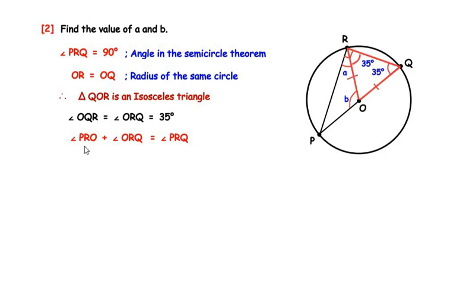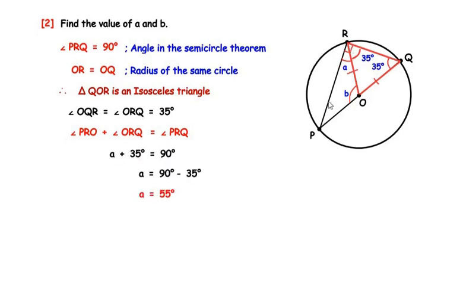So angle PRO plus angle ORQ is equal to angle PRQ. But angle PRO is A. So here we get A plus angle ORQ, which is 35, is equal to 90. Now taking 35 on the other side of the equal to sign, we get A is equal to 90 minus 35, giving us the value of A as 55 degrees.